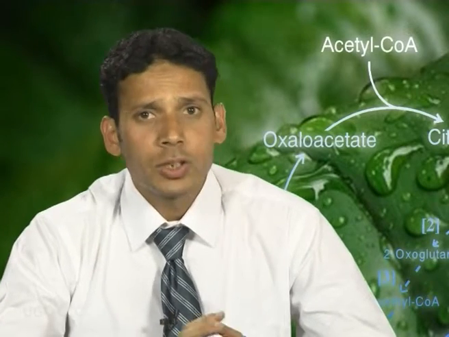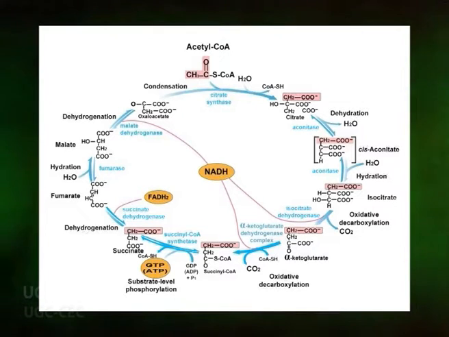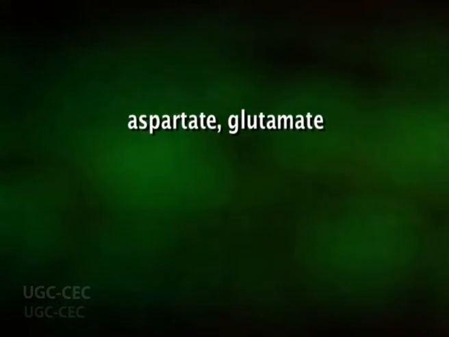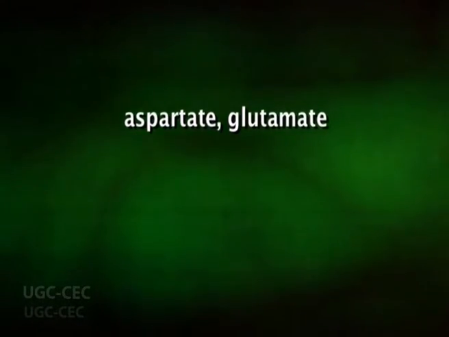Now the importance of the TCA cycle. Number 1, the TCA cycle produces high energy phosphate, ATP and GTP in case of animals. Number 2, it is the main source of reduced coenzymes NADH and FADH2. Number 3, some important intermediates of the TCA cycle are used by the cell for synthesizing important biomolecules such as aspartate and glutamate when required.